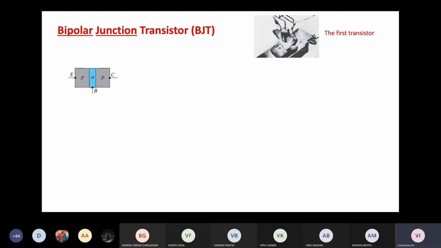The root of the word bipolar here? Sir, it's just having two opposite poles. That's what bipolar means. But what are the two poles here in the transistor?